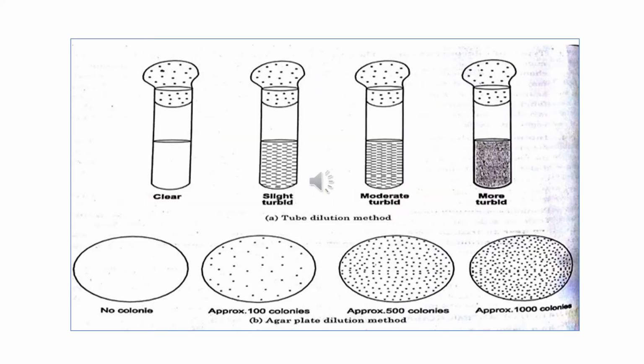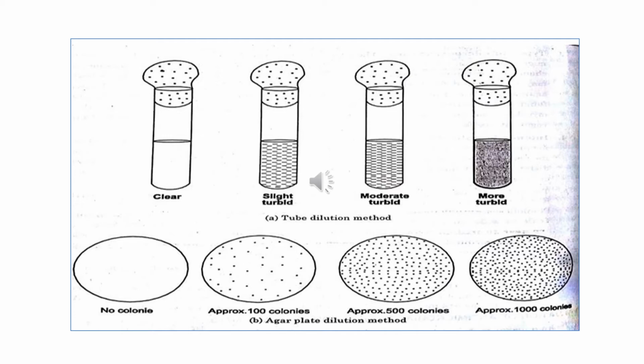So this is the picture of the tube dilution method. First you have to see there are 4 test tubes. One is clear, the second is slightly turbid, then moderately turbid and more turbid. It means that initially, after the inoculation, we kept them for incubation. There is no growth. After some time there is slight turbidity, meaning slight growth.